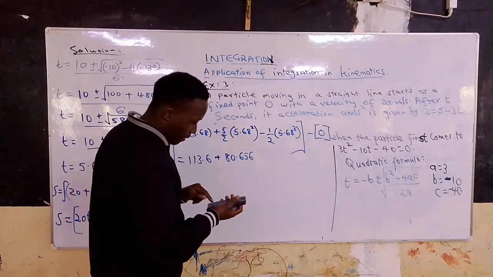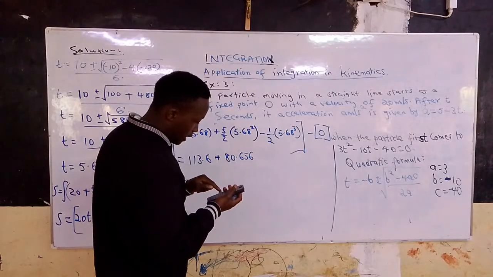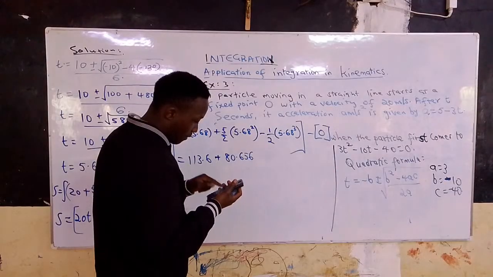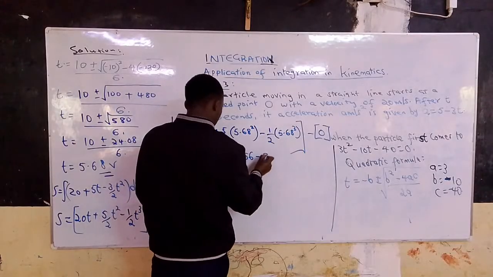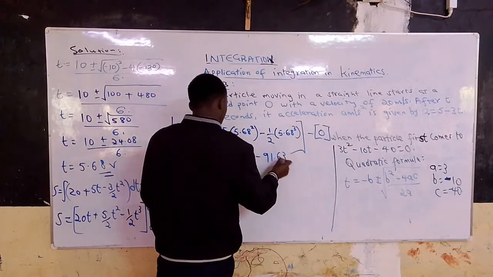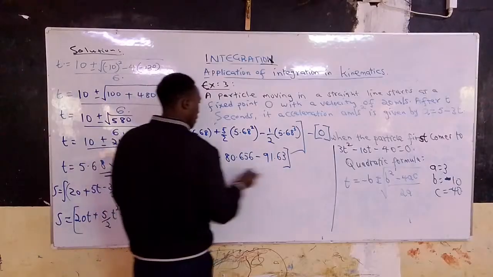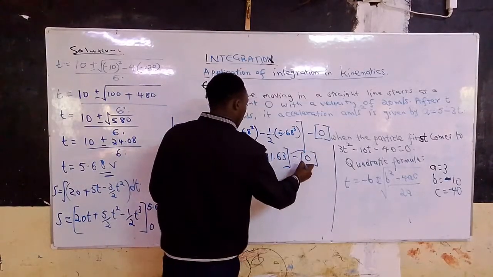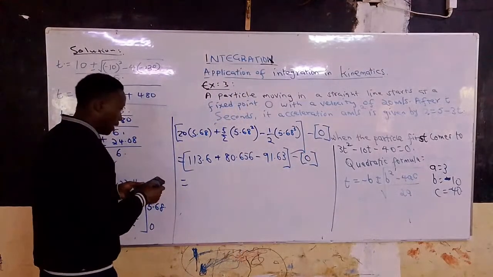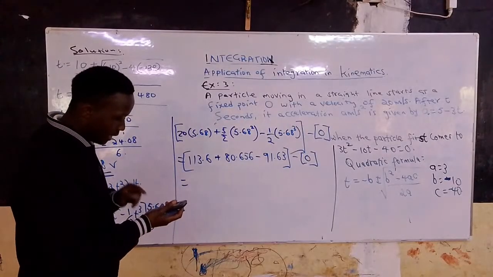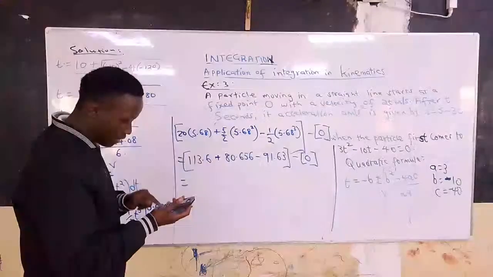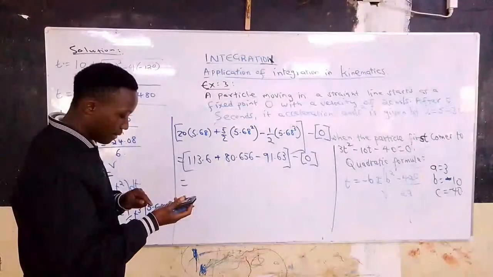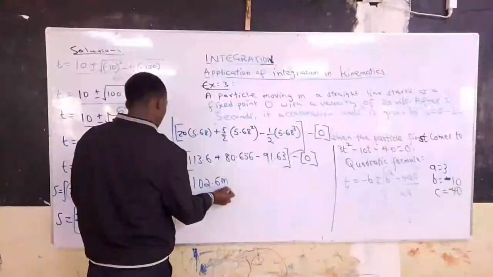Then 5.68 cubed multiplied by a half gives minus 91.63, minus 0, and by solving that we have 113.6 plus 80.656 meters.